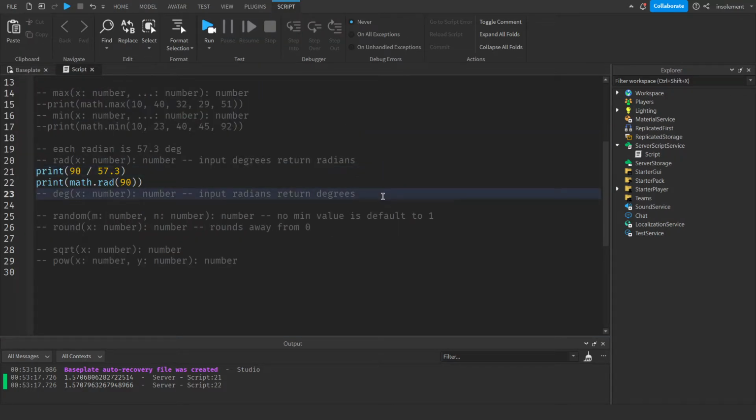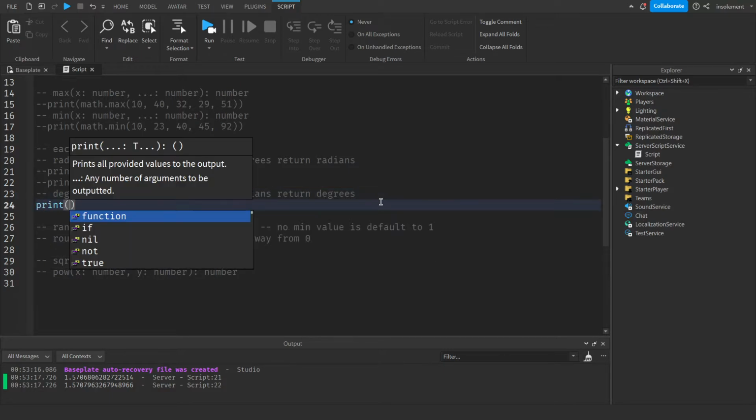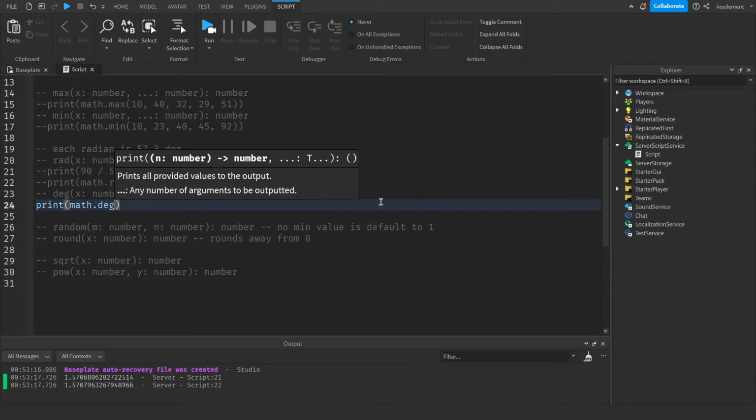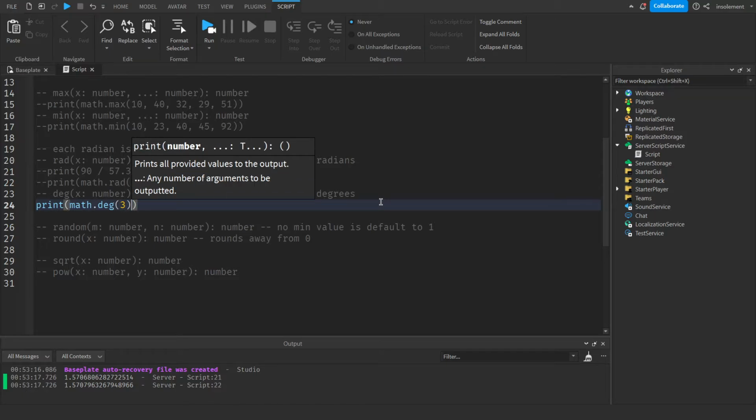So yeah, so math.deg, degrees, it takes a number, returns us a number, but this time it inputs a radian and returns to us in degrees. So print math.degrees, and let's do like 3 radians, right?